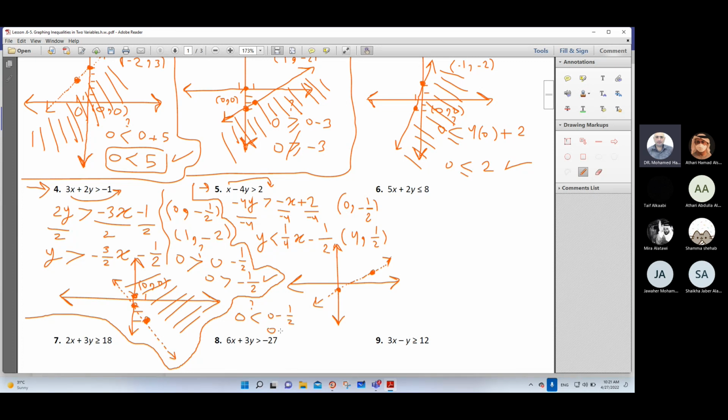So is 0 less than 0 minus 1 over 2, which is negative 1 over 2? So is 0 less than negative 1 over 2? No. So this is not correct. Means the origin is not included in the set of the solution. Means the area up is not the area of the solution, it will be the area down. This is the area of the solution.